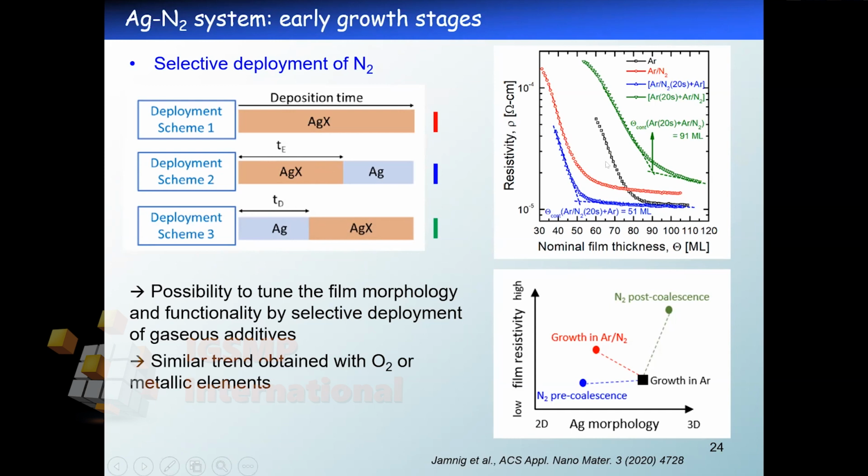So if we compare to the reference curve in black and the red curve as previously shown, the best situation is the one in blue, in which you expose the film to nitrogen in the early stages, and then you stop. So that means you modify the coalescence stage, but at some point it's enough, and you continue the growth of silver in pure argon.